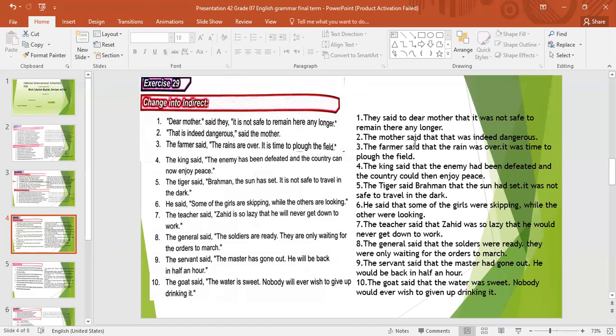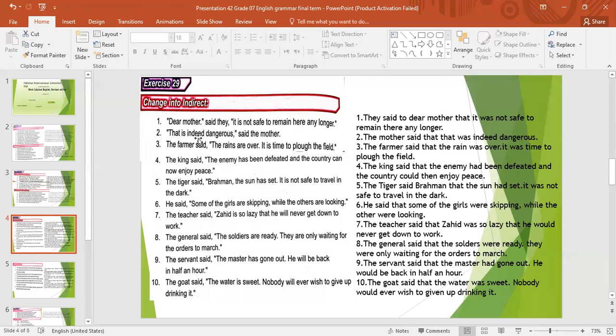The mother said, this is in the past, that, now the sentence which I changed into past: that was indeed dangerous. Here we put that two times because one that is for the reporting verb, and a second that is mentioned in the sentence. Okay, the mother said that that was indeed dangerous.